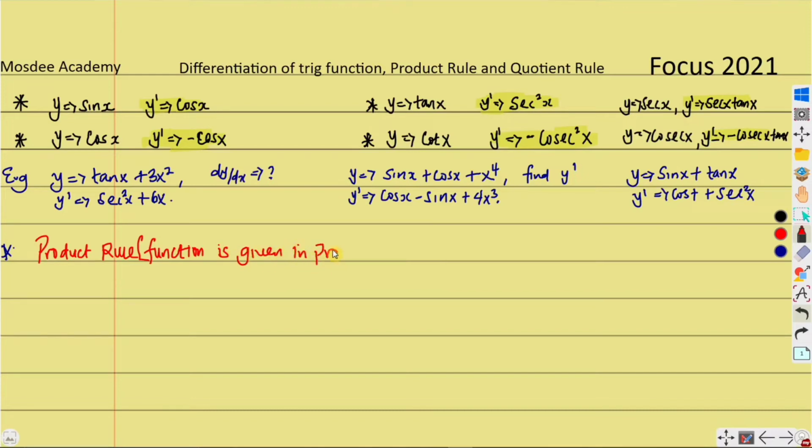This is just the basic thing you have to keep in mind. Whenever the function given in the question by the examiner is in product form, we directly apply the product rule. So we can take a very quick example where we have y equals uv. In this case, you can see u and v are functions of x, because the same function is y equals f of x.